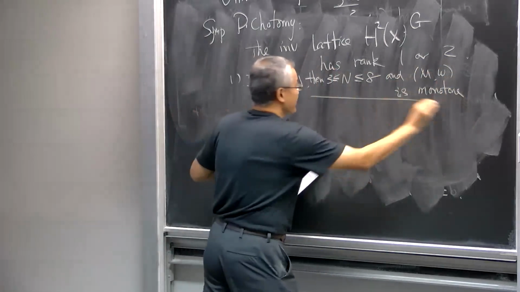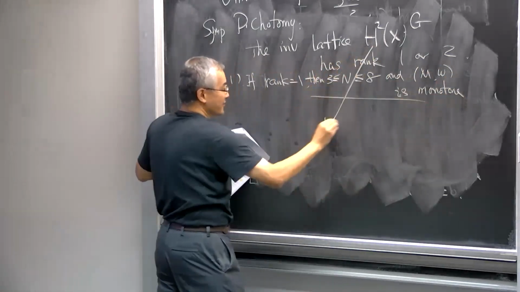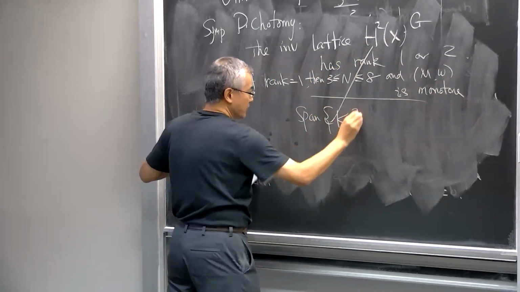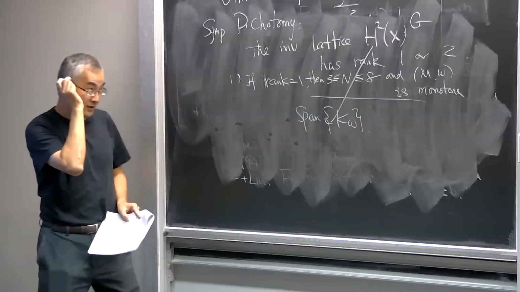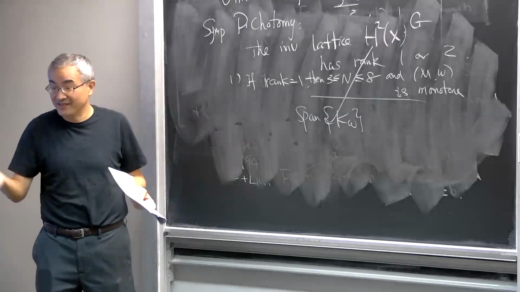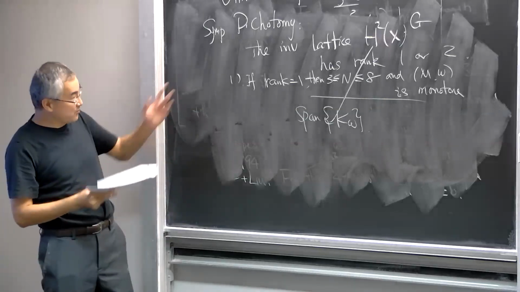In this case, the invariant lattice is just the span of the canonical class. Well, the rank is at least 1 because the canonical class is always invariant, but it's just 1 or 2.